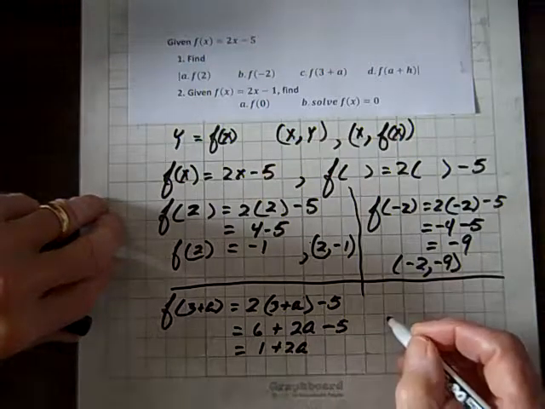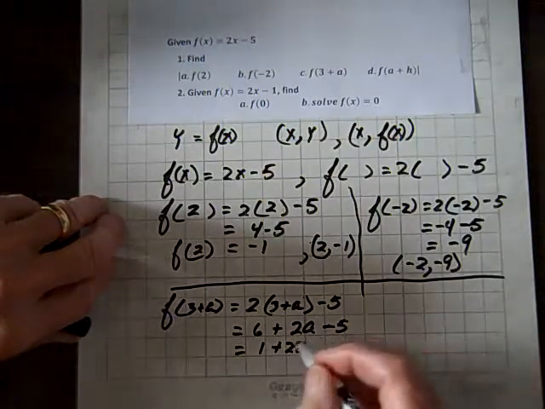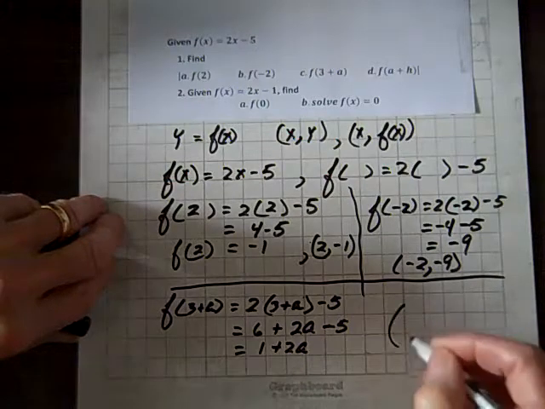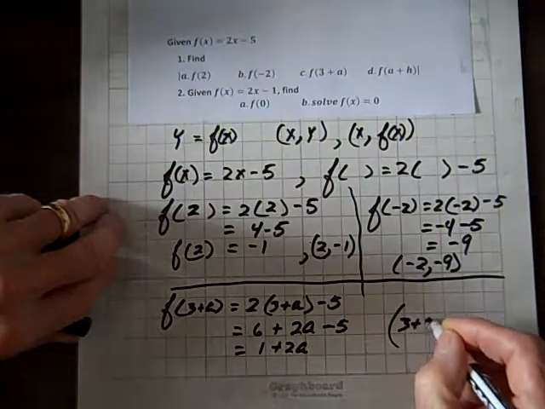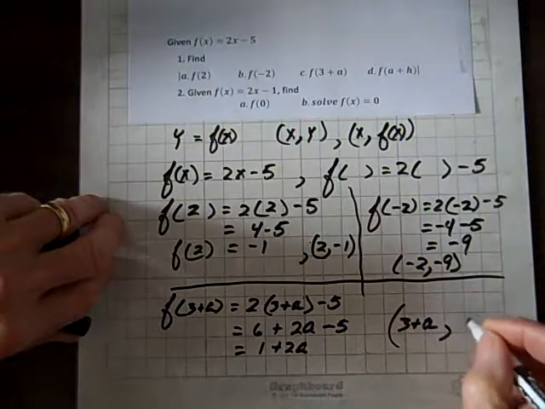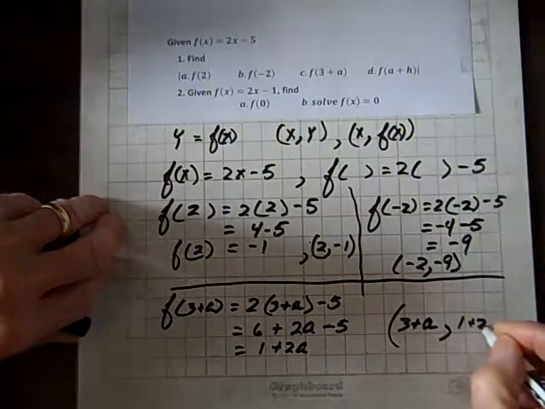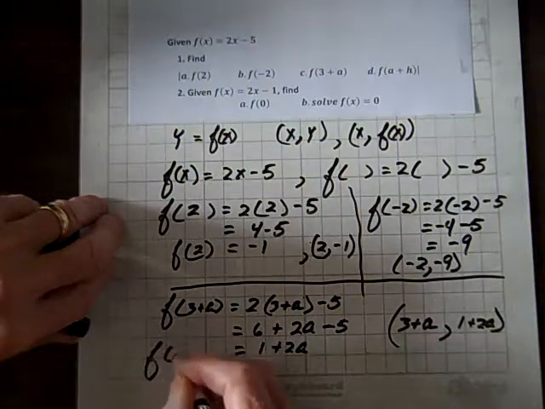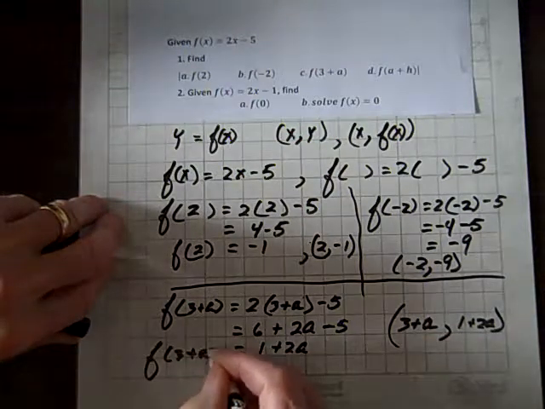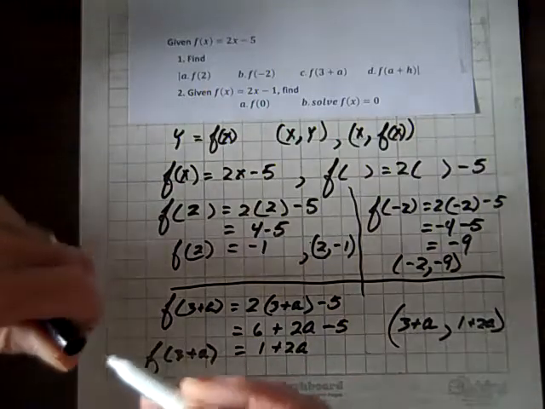So our ordered pair would be 3 plus a, and 1 plus 2a. See, f of 3 plus a equals that thing.